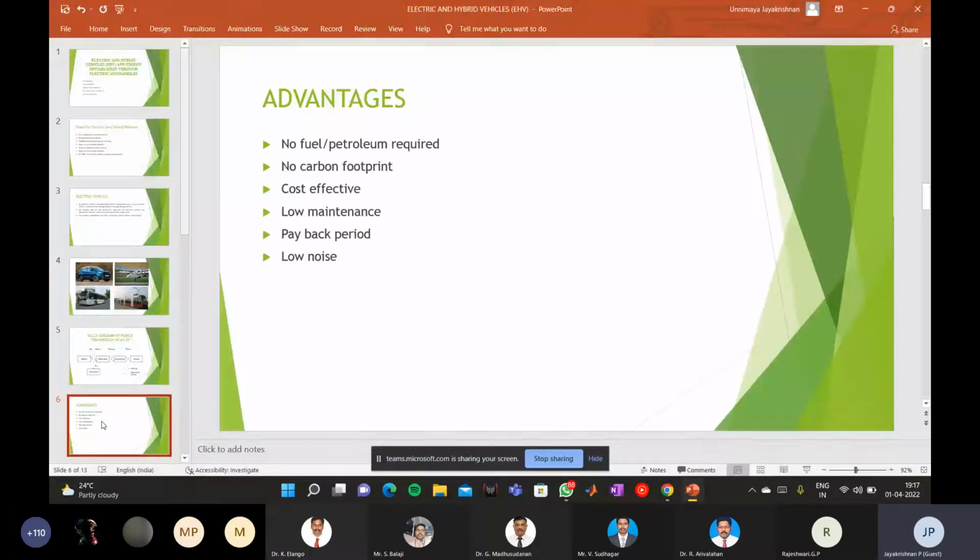Also, there is no exhaust. Some vehicles on the road have very high noise because they purposefully make holes in the silencer. So with no silencer and no IC engine, noise will be very low.